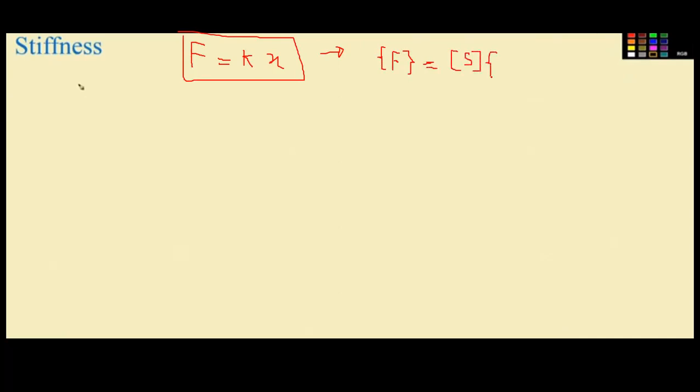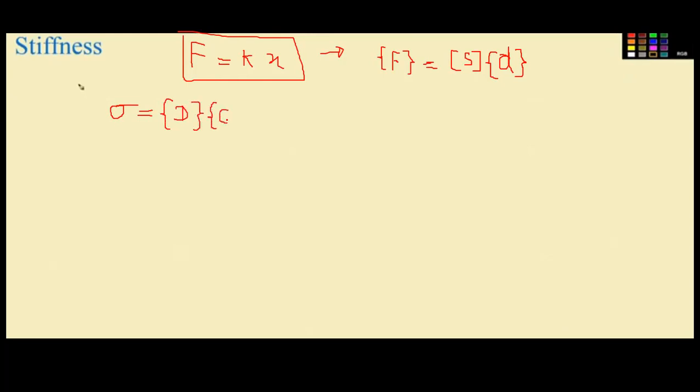Stiffness into displacement, right? So you now have a relationship called sigma equals D into epsilon naught.